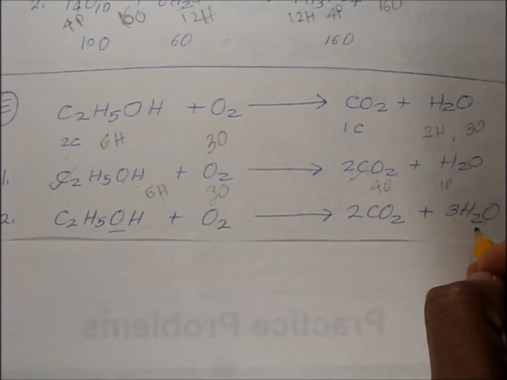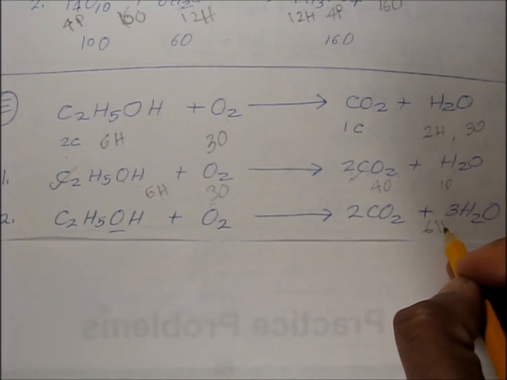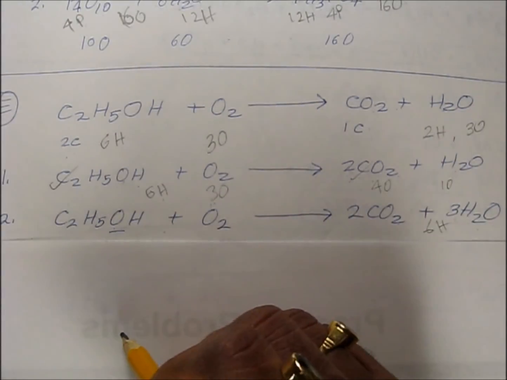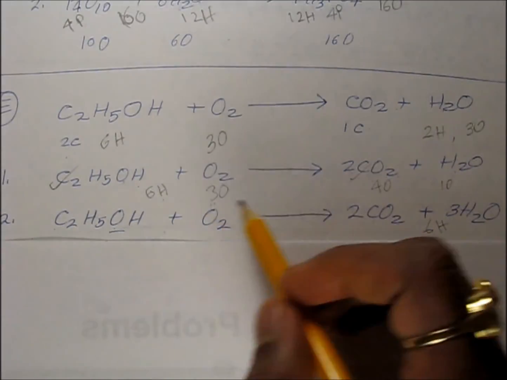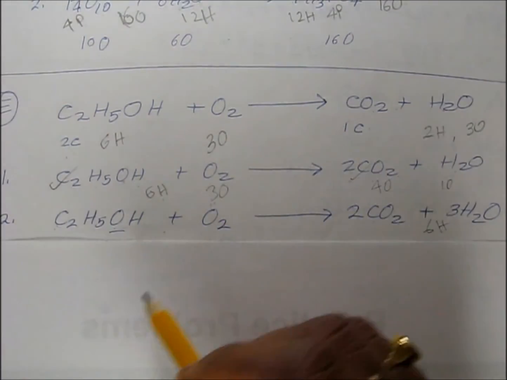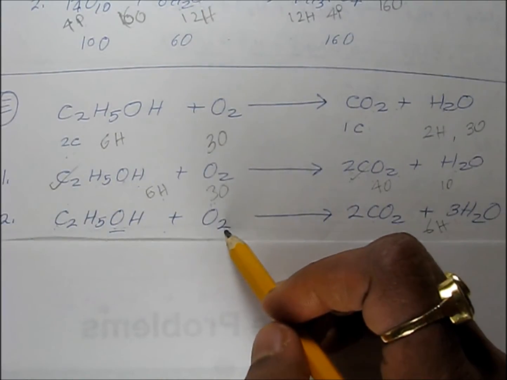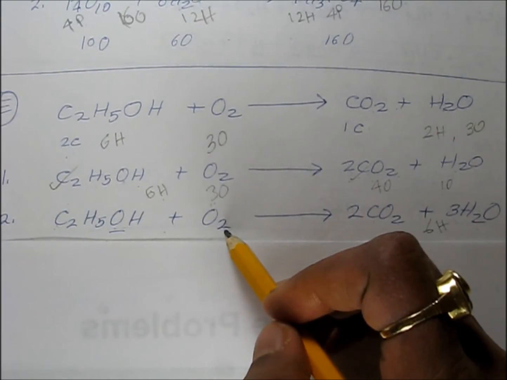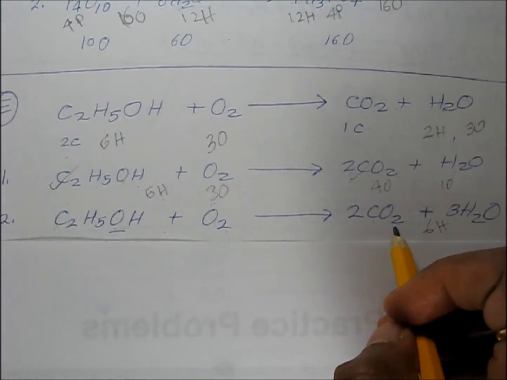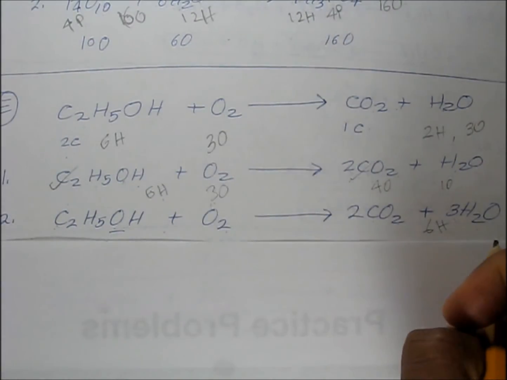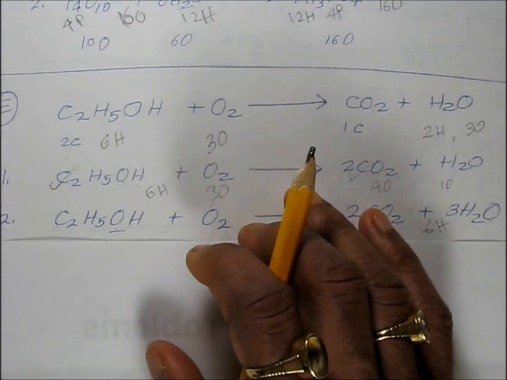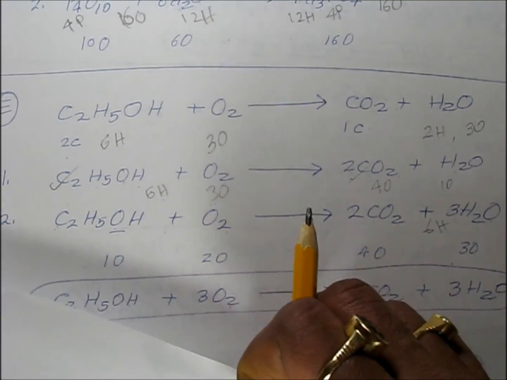So 3 multiplied by 2, 6 hydrogen, hydrogens are balanced already, carbon we have already balanced, and now oxygen. So 1 oxygen here and 2 are here, total 3, and 2 multiplied by 2, 4, and here 3, 7.